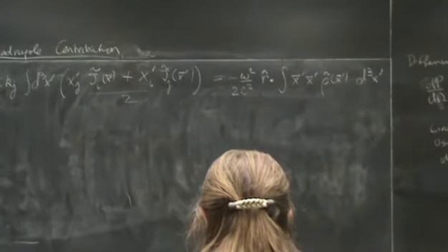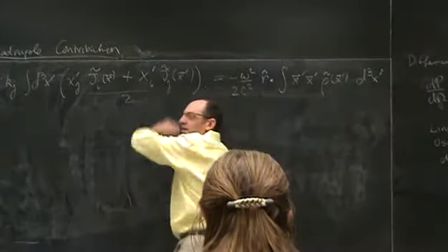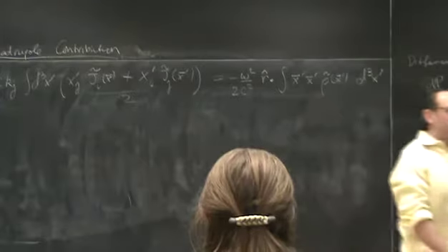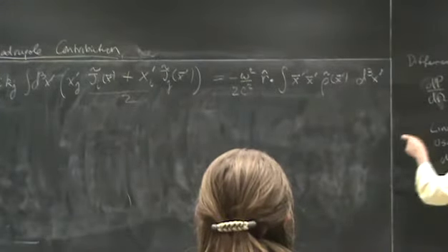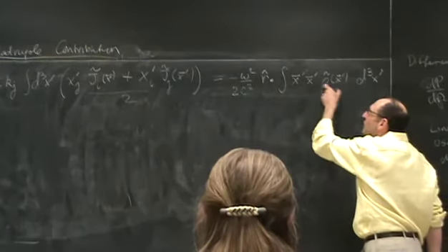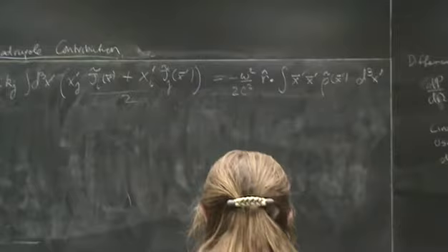There's a little bit of algebra associated with that, using integration by parts and the tricks that we played before. This we recognize as the second moment of rho. It's related to the quadrupole tensor.